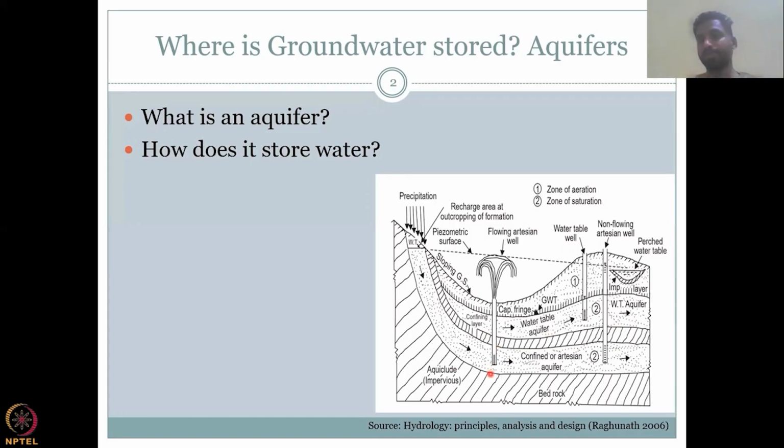In the confined aquifer, the water doesn't recharge that fast. So if you see here, there's no way all this water can come from this small location in a short period of time. It will take a long time for water to recharge here and move down into this aquifer. Whereas here, you have water coming from along the surface.